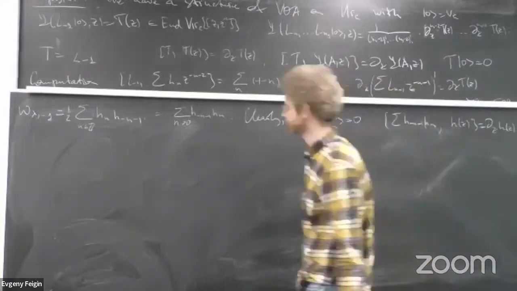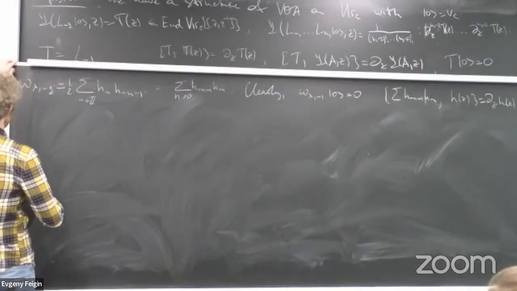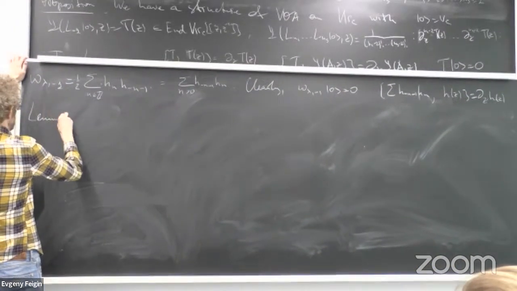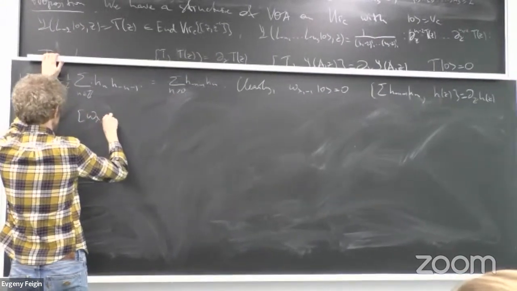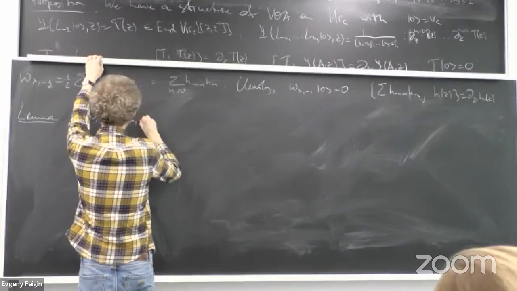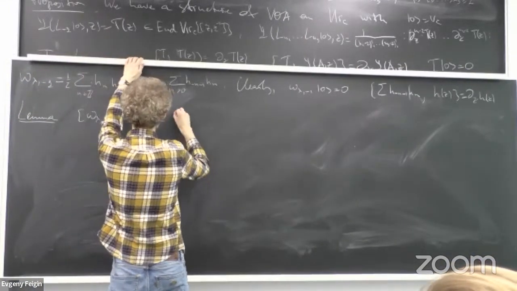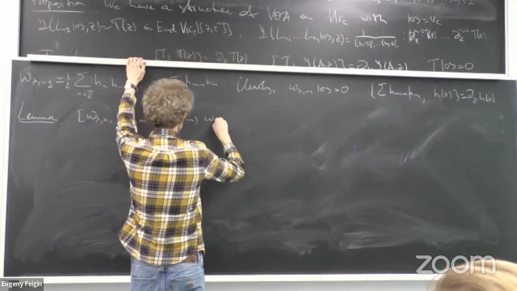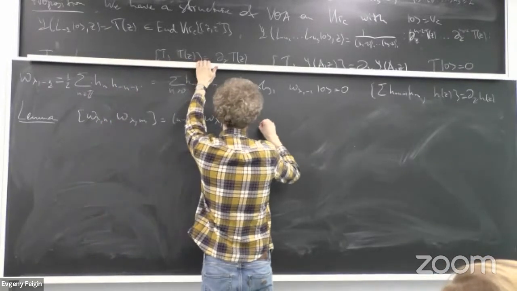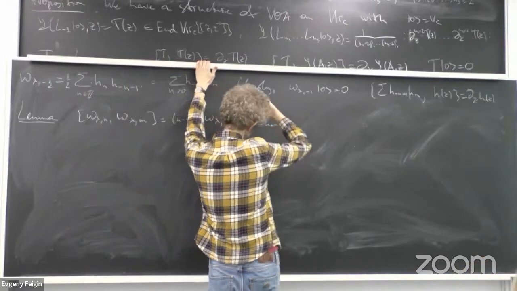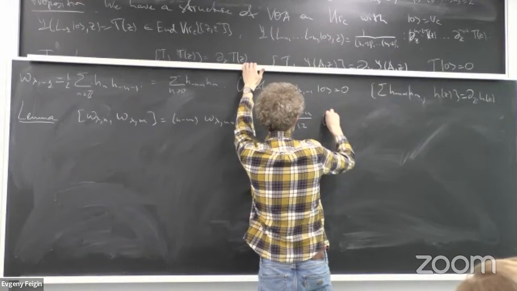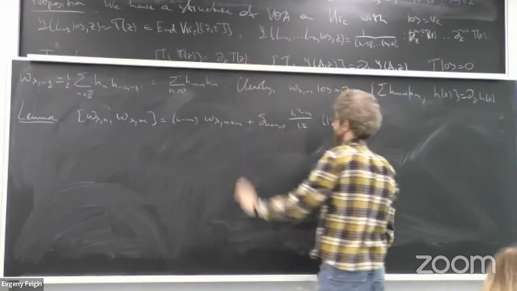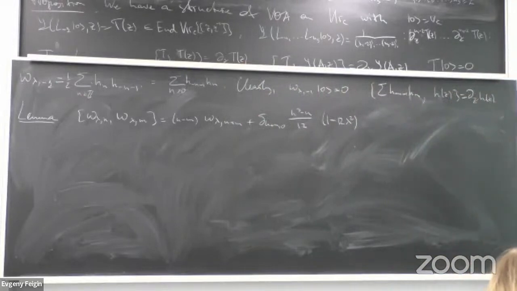And what is more important, let me put forward the following lemma, saying that if you take omega lambda n and then commute it with omega lambda m, then the result is n minus m, omega lambda n plus m, plus delta n plus m, 0 times n cubed minus n over 12 times 1 minus 12 lambda squared. And this is something to check.